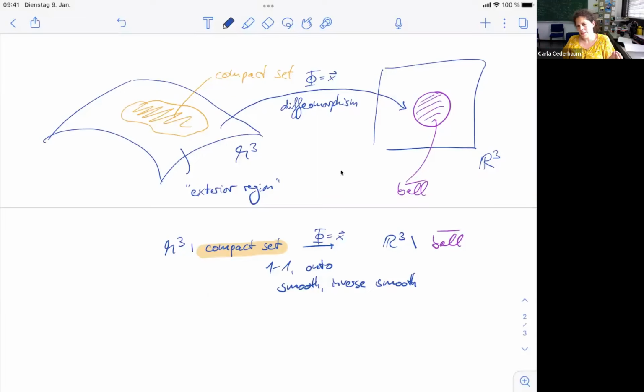And using this diffeomorphism, another way of saying this is that any point P in this exterior region of the manifold uniquely corresponds to a point X in R3. Then I can identify the numbers X1, X2, and X3 of this vector X as the coordinates of the point P, or I can identify the point P even with this vector X in R3.